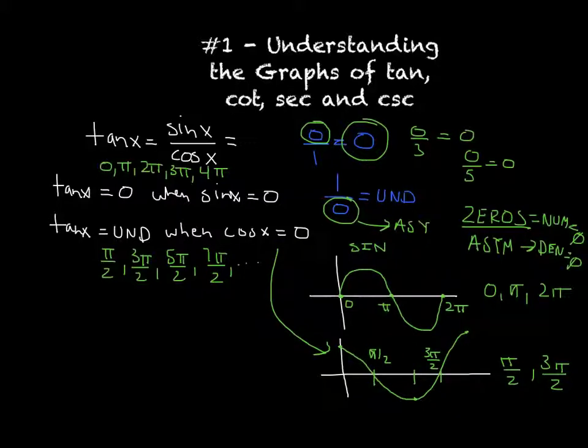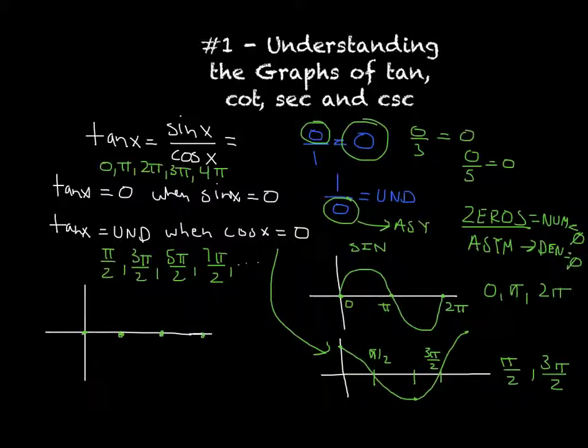Okay, so the tangent is going to look like this. It's going to have a 0 here. It's going to have another 0 at pi. It's going to have another 0 at 2 pi. It's going to have another 0 at 3 pi.